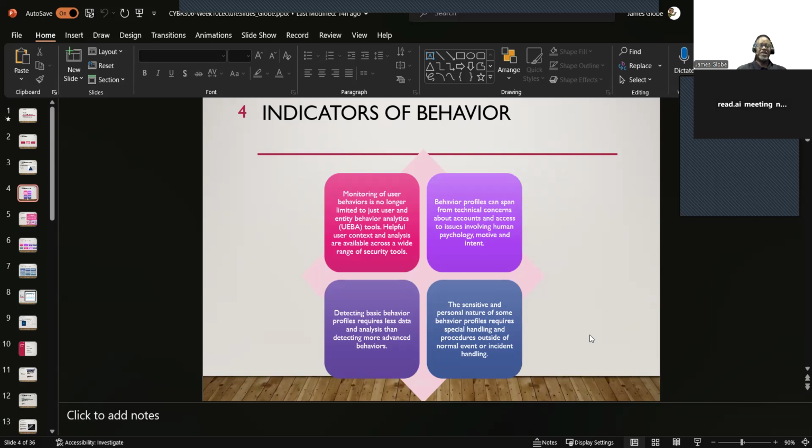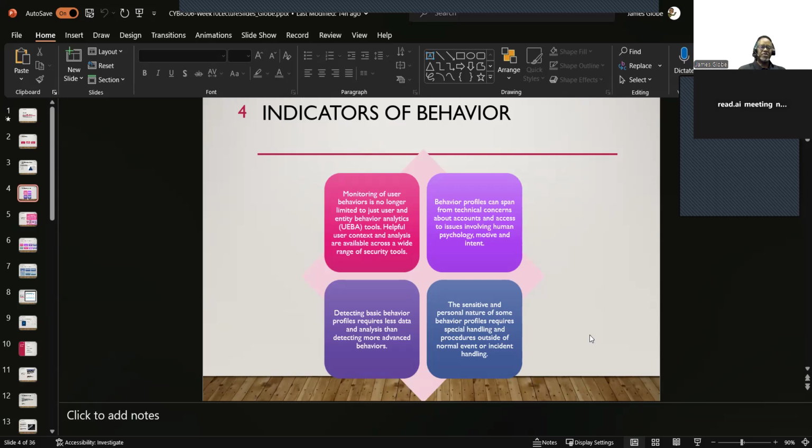Email, PowerPoint, a web browser, some specific application like an editor, an IDE. Maybe it's an HR system. So it could be many. And then what do they do with it, and what type of data is being accessed by those applications? That's your normal activity, and that's your UEBA, user and entity behavior analytics.